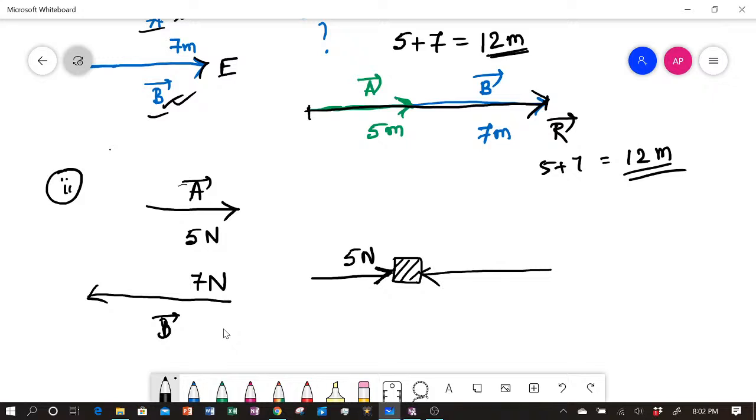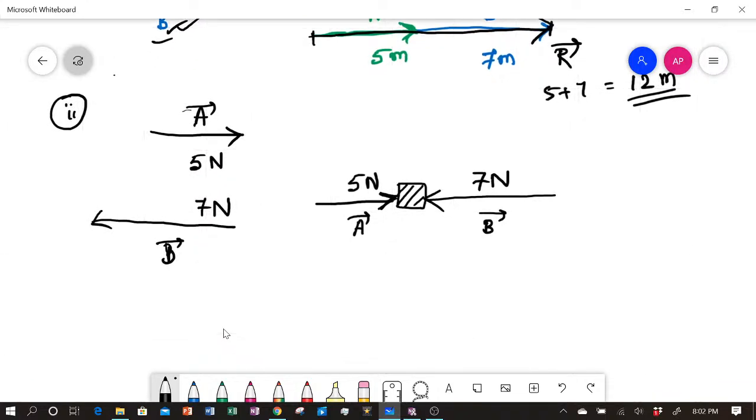This is vector B and its magnitude is 7 Newtons. Then what would be the resultant of these two forces?